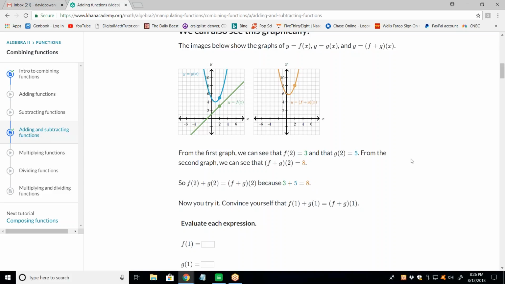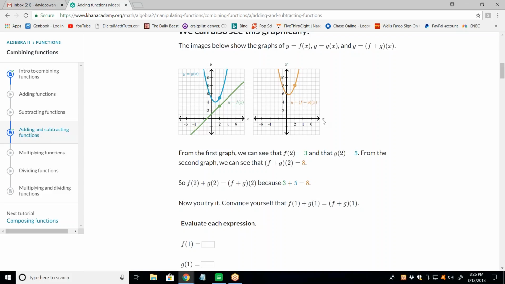All right, so this is still sampling. Evaluate each expression. What is f of 1? So wait, are we going off of the graphs or the equation? Yeah, absolutely, because we don't have the functions. They didn't give them to us.